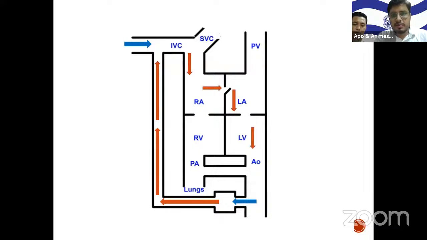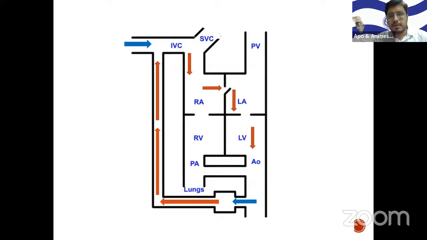So the left atrium gets mostly oxygenated blood from the ductus venosus, and the left atrium also gets blood from the pulmonary vein, but since the blood in the pulmonary circulation is very minimal, even the mixing doesn't cause a significant reduction in the oxygenation. This blood from the left atrium goes to the left ventricle, and it is pumped out into the aorta.